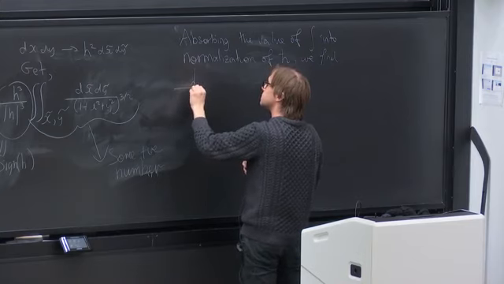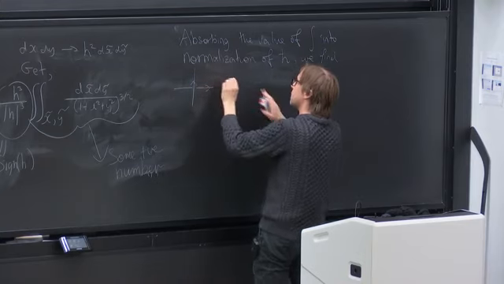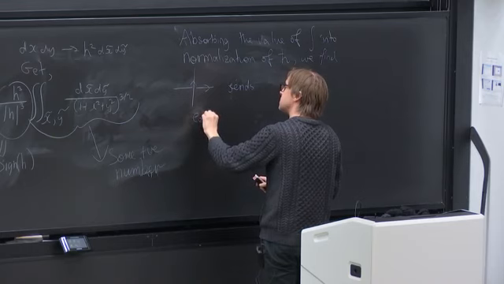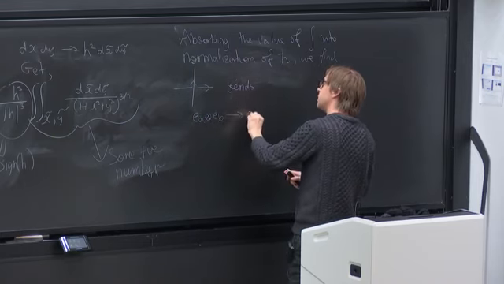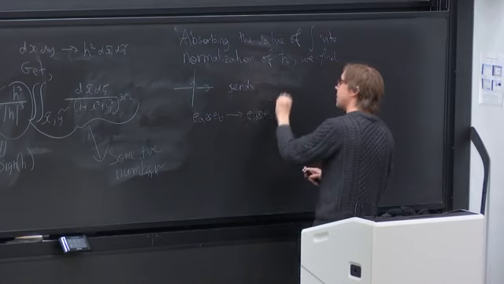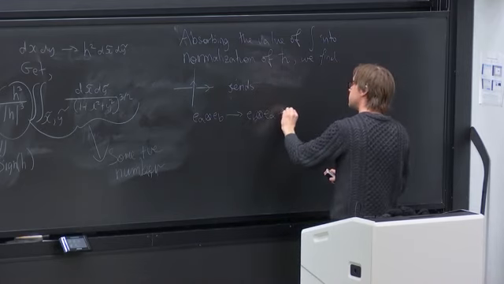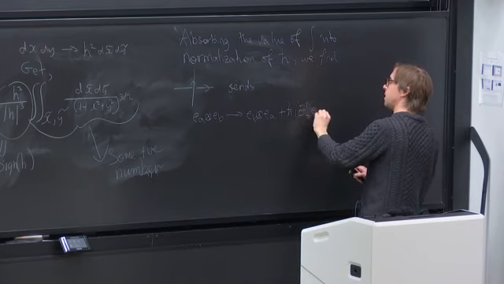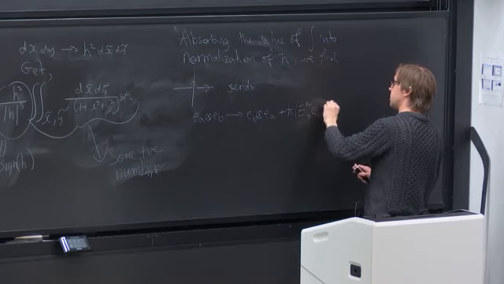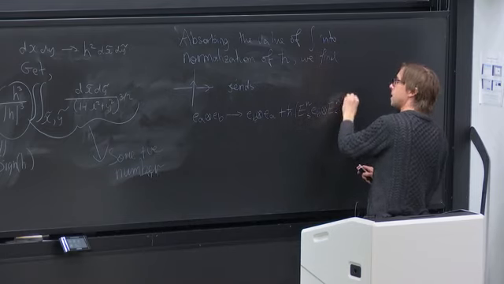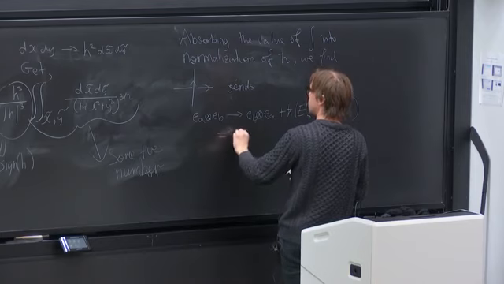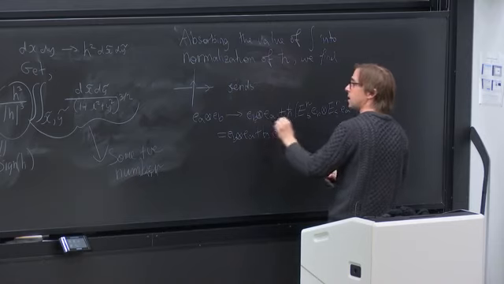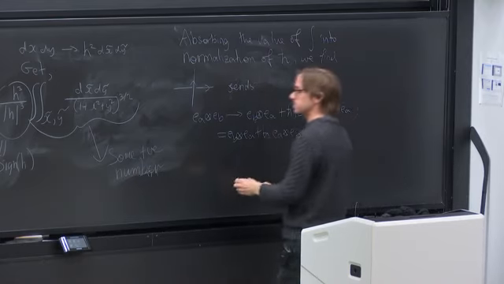this crossing sends EA tensor EB to EB tensor EA plus H bar EB tensor EA, which is EB tensor EA plus H bar EA tensor EB. Whereas the other crossing has a different sign.